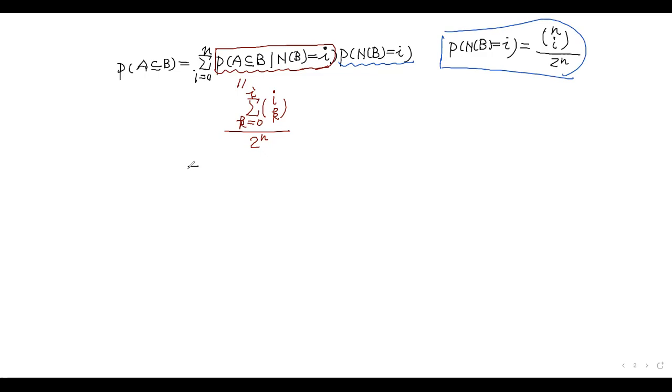This is a summation of I from 0 to n, of 1 over 2 to the n, summation of K equal to 0 to I, I choose K, then times 1 over 2 to the n, n choose I.